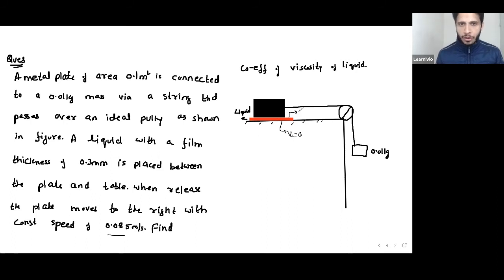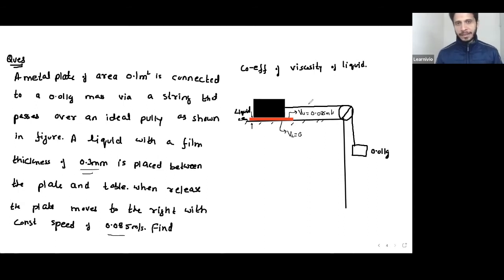So the velocity of the upper portion of the layer is 0.085 meter per second, and the velocity of the lower portion of the layer is 0. The thickness of the layer is given. This is the thickness of the layer.